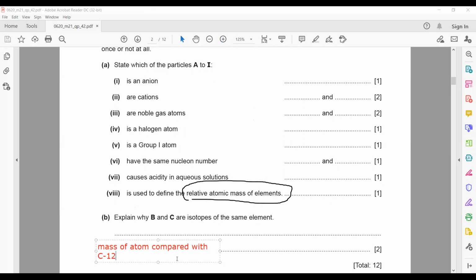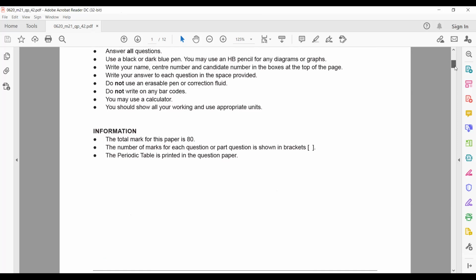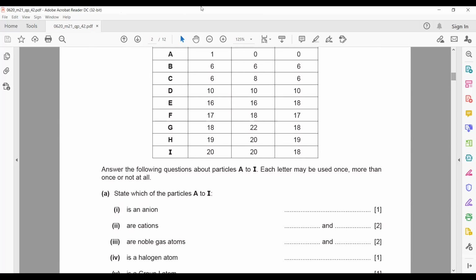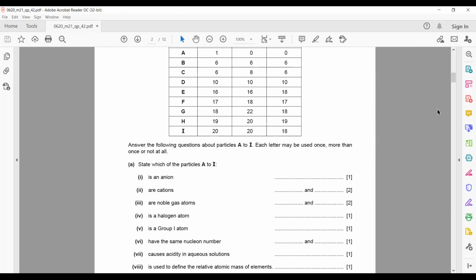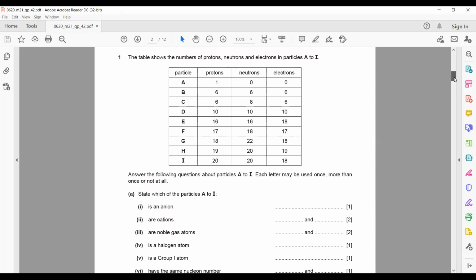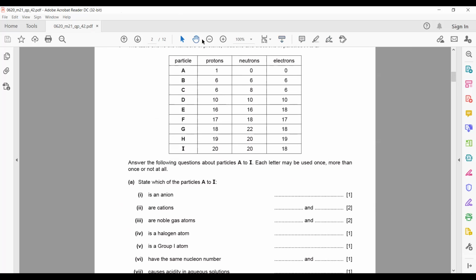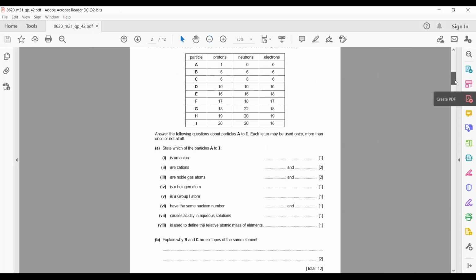So basically they're asking which particle is used to define, or to find, the relative atomic mass. That's a standard definition of relative atomic mass. It's a standard rule that the definition of relative atomic mass is the mass of atom compared with carbon 12. That's a fixed definition which you have to learn.